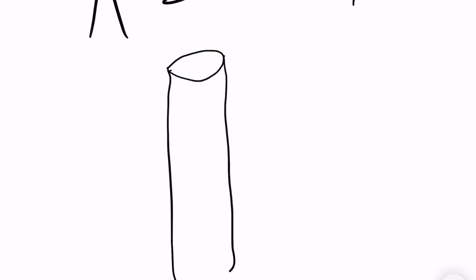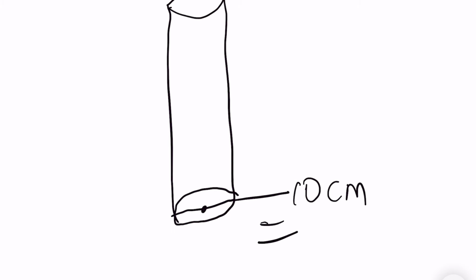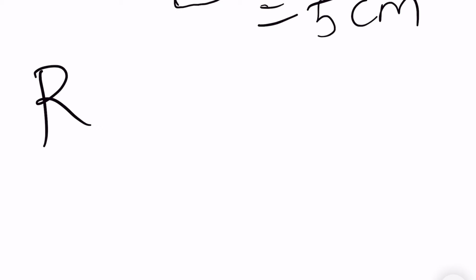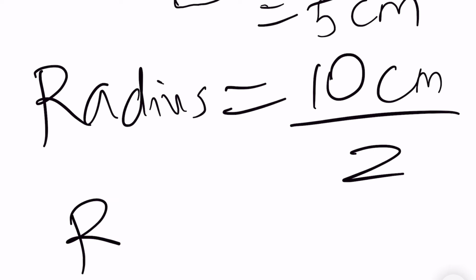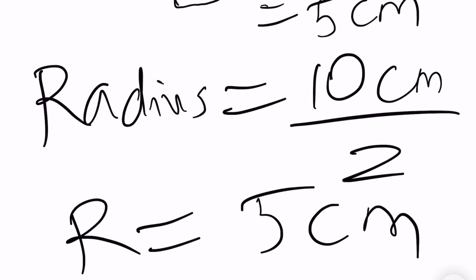Now, for a cylindrical pipe that is open at both ends, where we have the external diameter to be 10 centimeters, the radius will be 10 centimeters divided by 2, so our R is 5 centimeters.